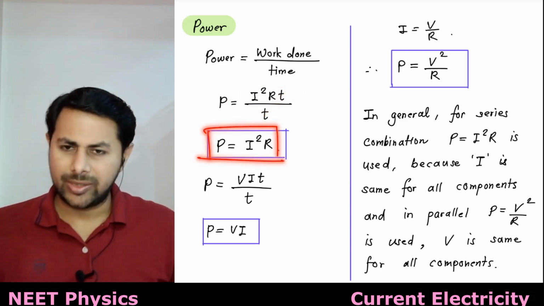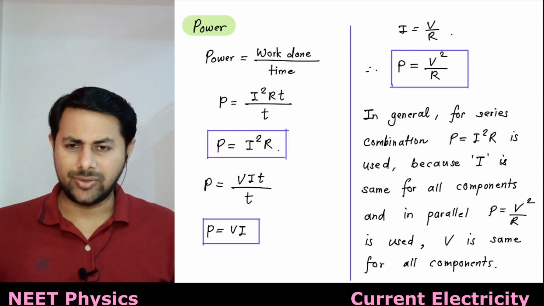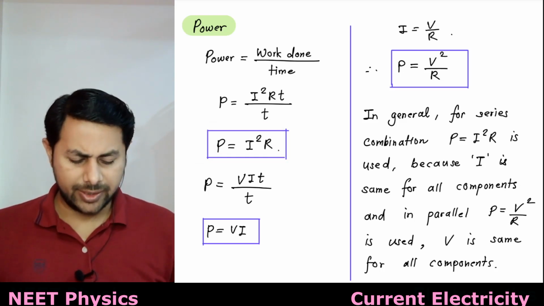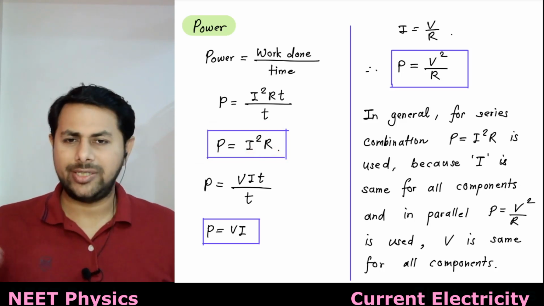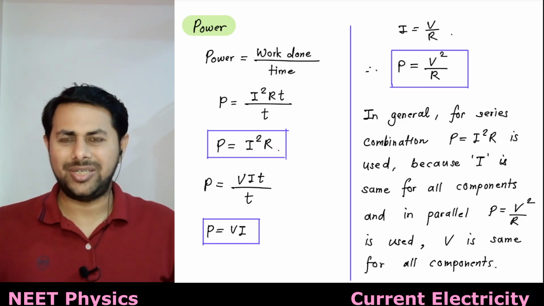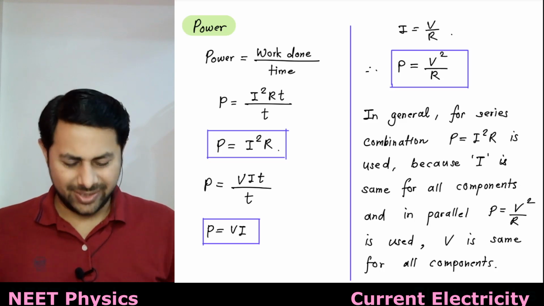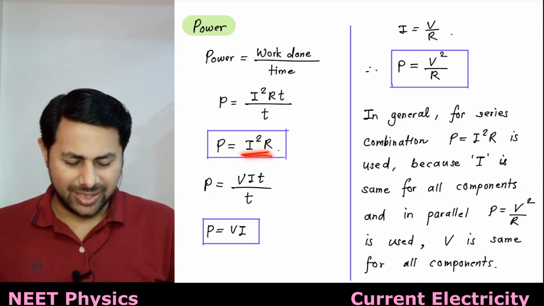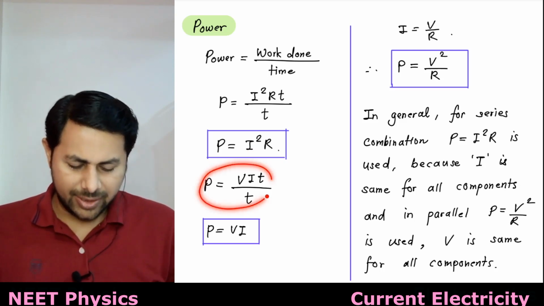Power delivered by the battery, or power which is consumed in an electrical circuit, is equal to I square R. It is also called power dissipated, because once the electrical energy gets converted to heat energy, it's not coming back, so it is power dissipated, right? So P is equal to I square R. You get another formula.